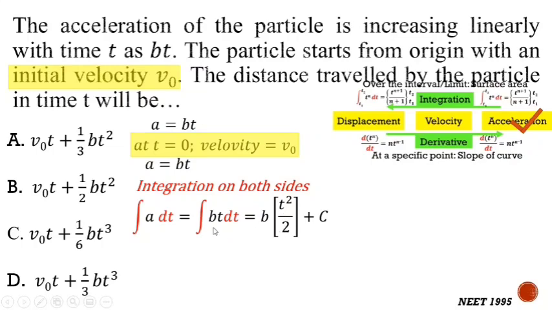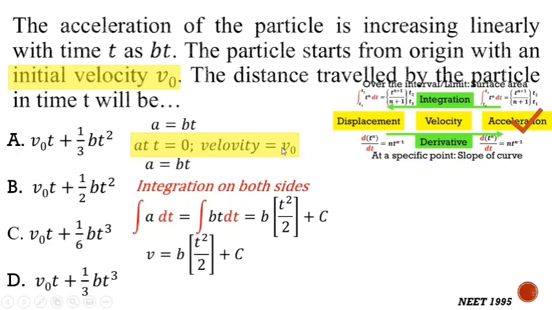So b into t square by 2. Because the limiting values are not provided here, we will take this as an indefinite integral, and in case of an indefinite integral we know that a constant is added. So this is velocity equal to bt square by 2 plus c.